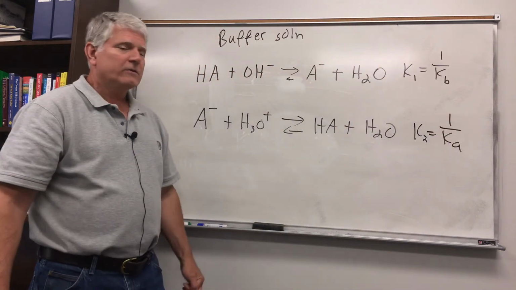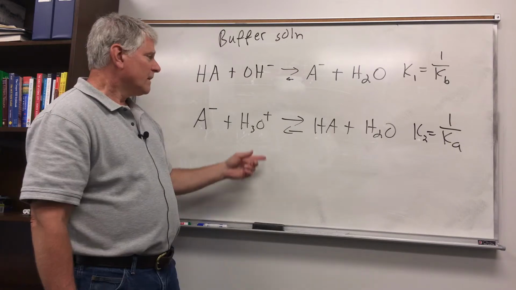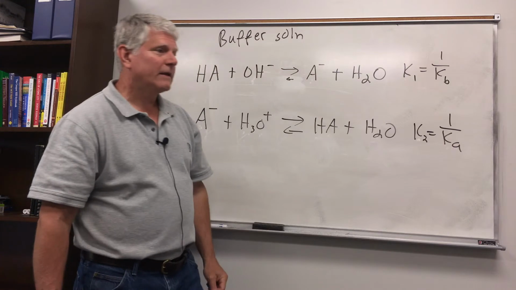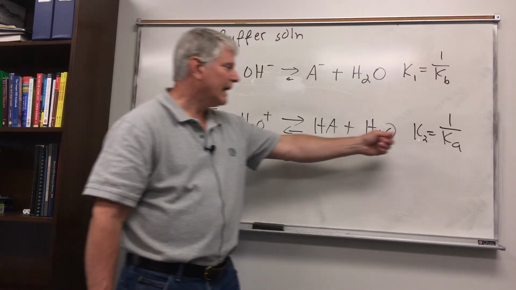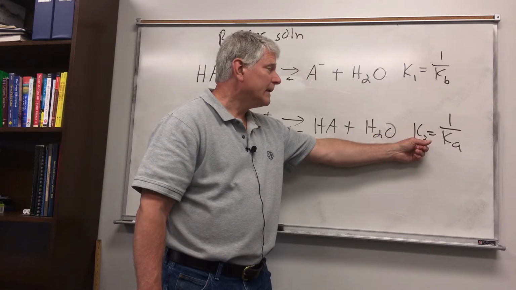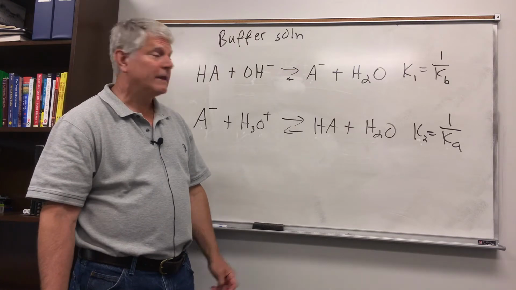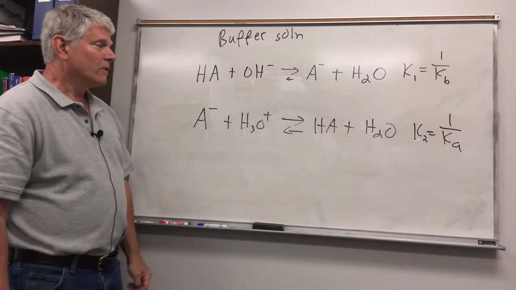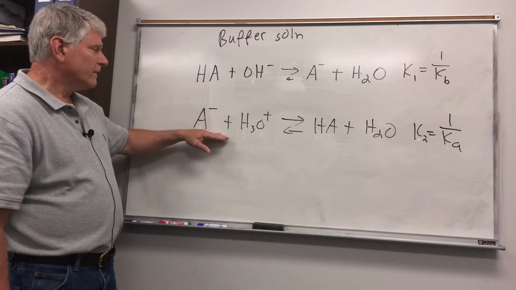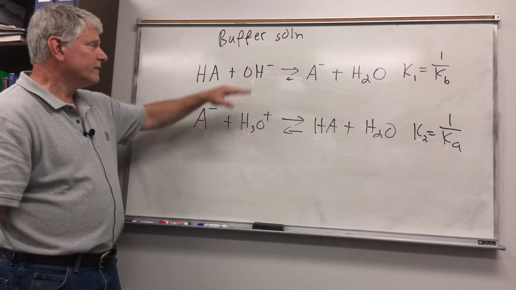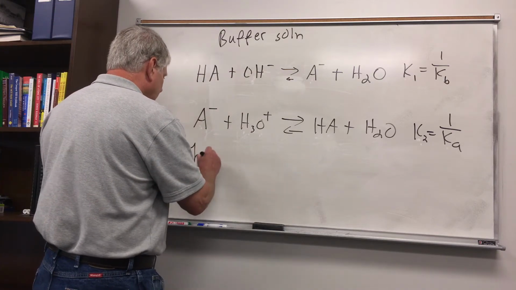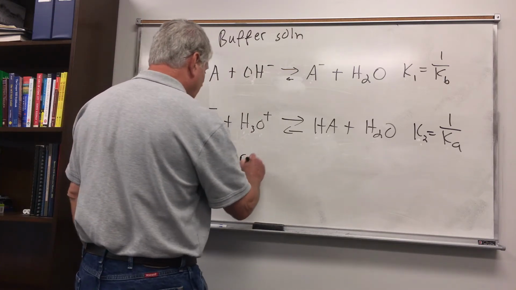Now Ka is usually small, so if I have Ka, which is 10 to the minus fourth, that means K2 will be 10 to the fourth, or 10,000. So this reaction has a large equilibrium constant. So this is what will happen in solution. So these two reactions predominate in solution.